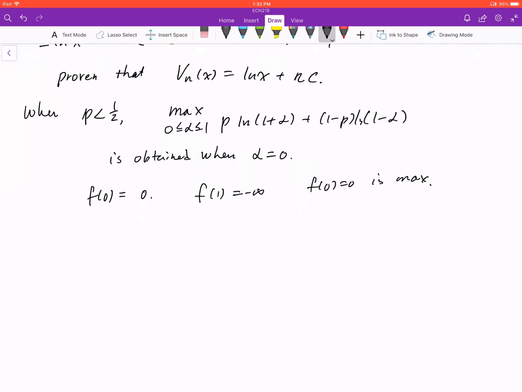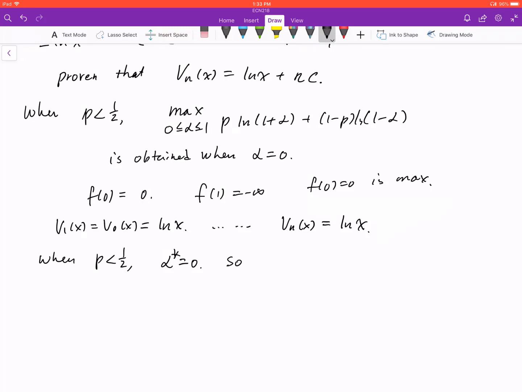Because this maximum value is 0, we see that v1 of x is equal to v0 of x, which is log x. There's no change. Later on, by induction, we show that vn of x is also equal to log x. The meaning is very clear: when p is less than 1/2, it's not likely to win, so the optimum policy, alpha star, is equal to 0.